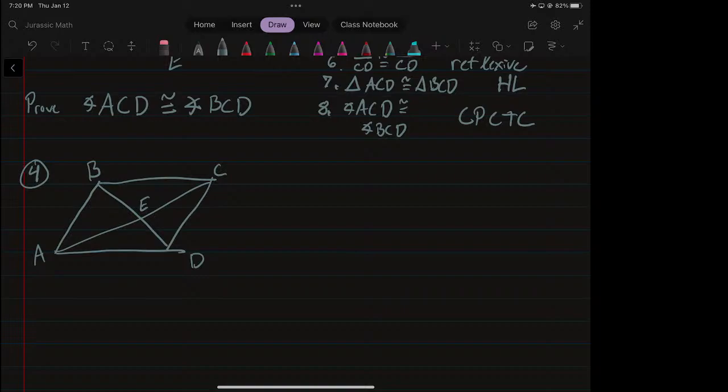A, B, C, D, and E. Statement. Reason. Did I get an answer yet for what I need to prove? No, not yet. Tell me what I need to prove.